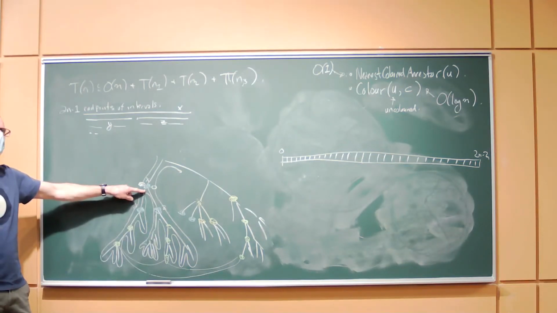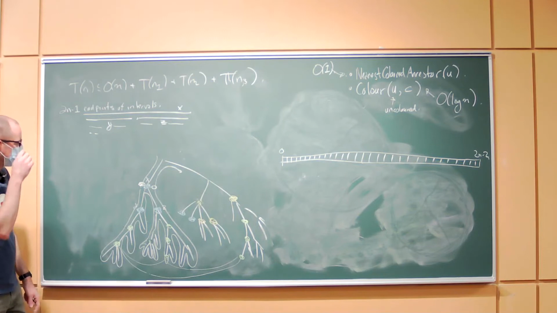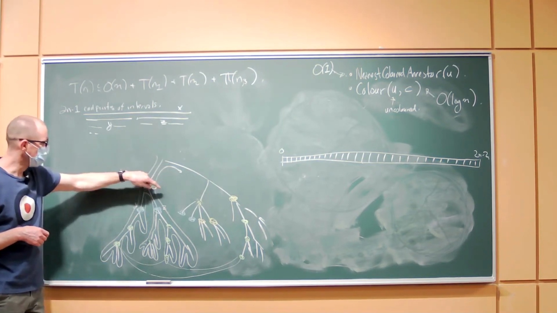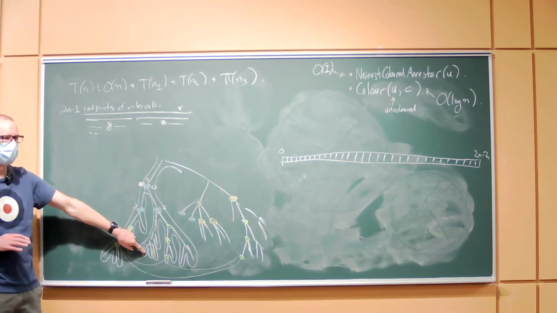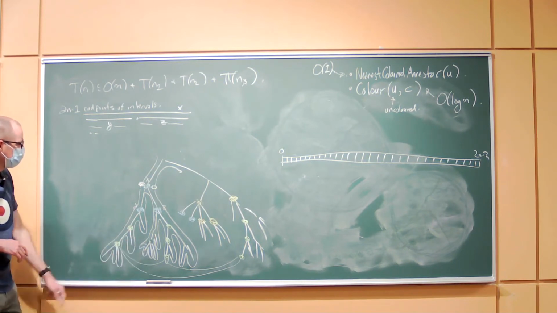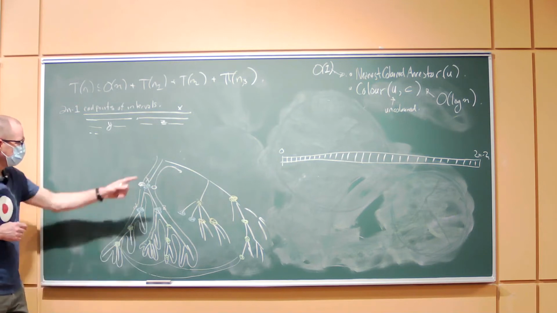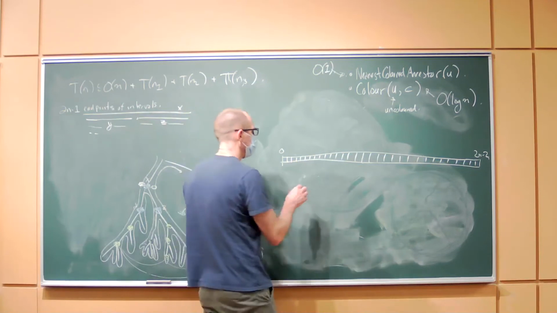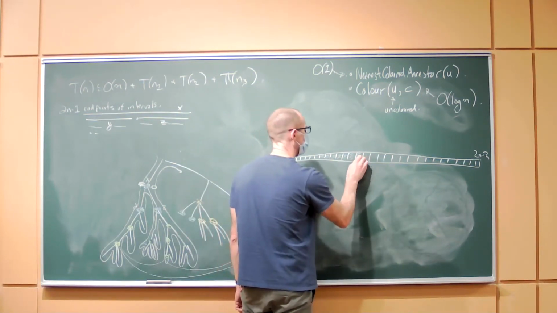In particular, the root always gets a color and then some children of the root. But I never color anything which has a child which has already been colored. If you think about that for a little while, that means when I color something, that would be just coloring an interval here.